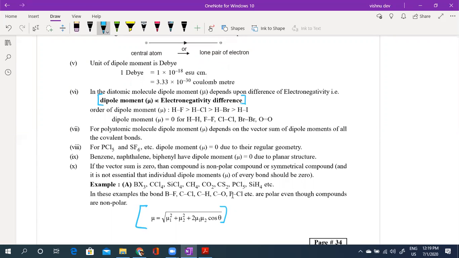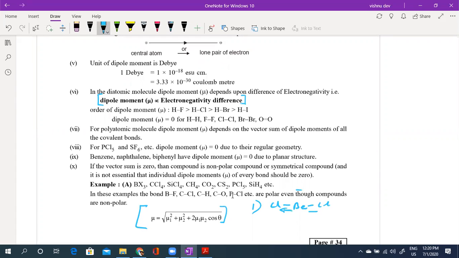The only thing that you should remember is that any symmetrical molecule having all same bonds has zero dipole moment. As simple as that. For example, BeCl2 is symmetrical, so the dipole moments will cancel each other.